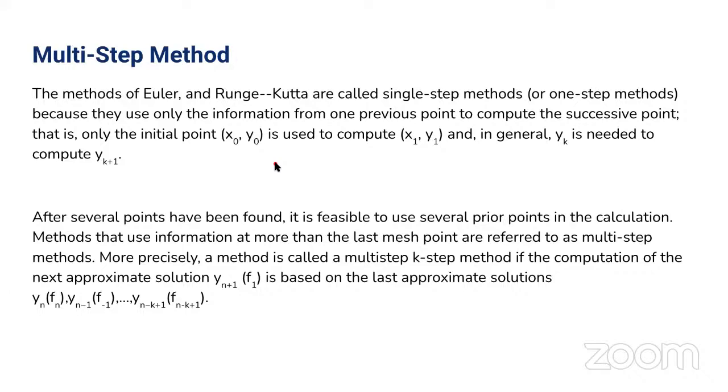So we can denote our past values with f minus 1 or y minus 1 or f minus 2 or y minus 2. What all these denote are our past approximate solutions that we've derived through solving. Miriam, can you go to the next slide?